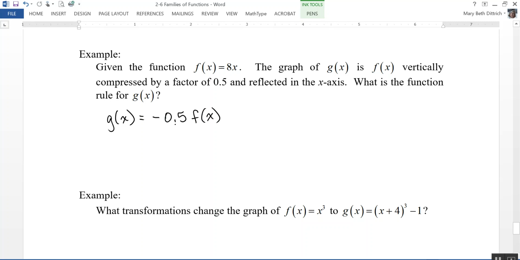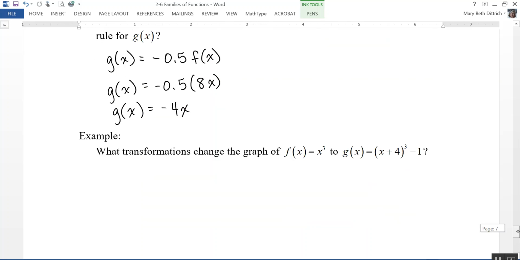So here's my compression, the 0.5, and my reflection is the negative 1. So g of x is going to be negative 0.5 times f of x was 8x, or g of x is equal to negative 4x.